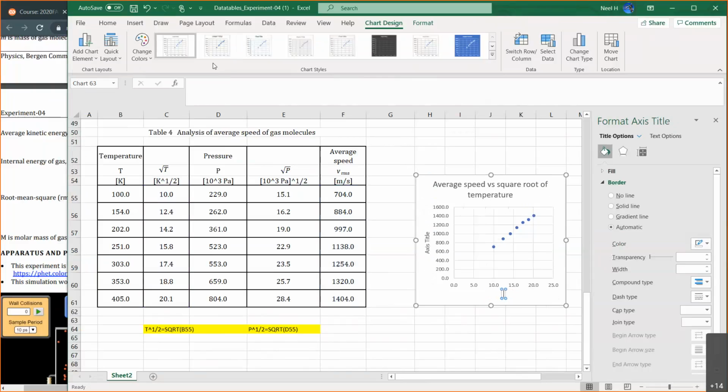Axis titles: you can just write square root of temperature. Any question? And then in units, you have to say Kelvin to the power half, right? And then similarly for the y-axis, average speed, we have meters per second.